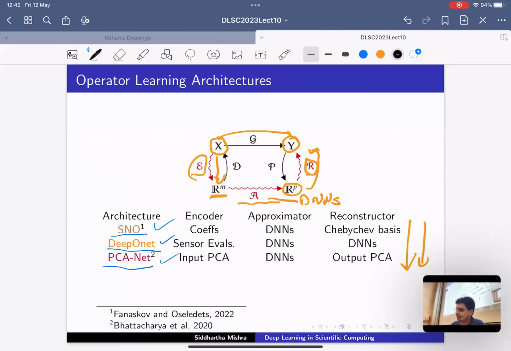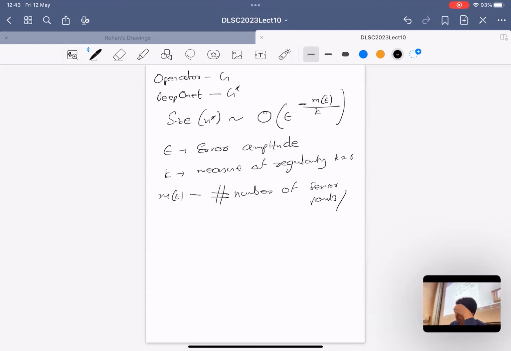So this is essentially the quantity that tells you how your infinite dimensional inputs are squeezed into finite dimensions. Okay, so this is a very important quantity, as you will see in a second. So this is the number of sensor points or Fourier modes, whatever you call it, or your SNO, PCA modes, and so on. So now what is happening? Remember that epsilon has to be close to 0.